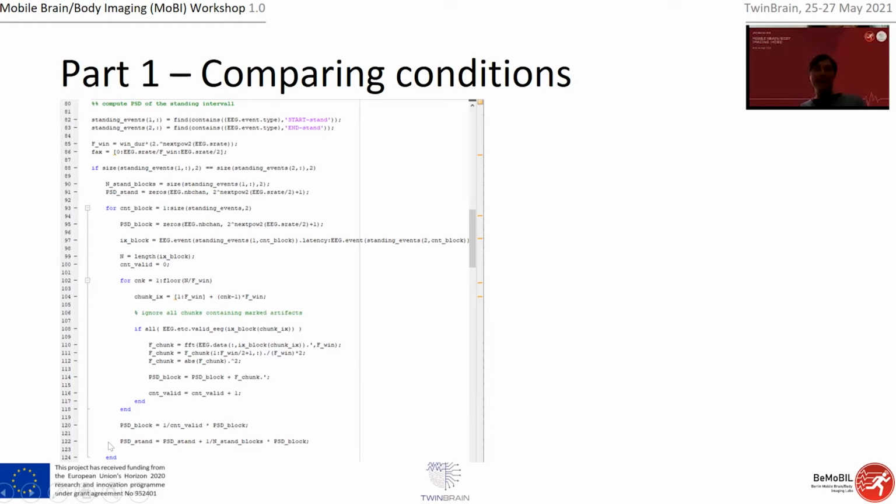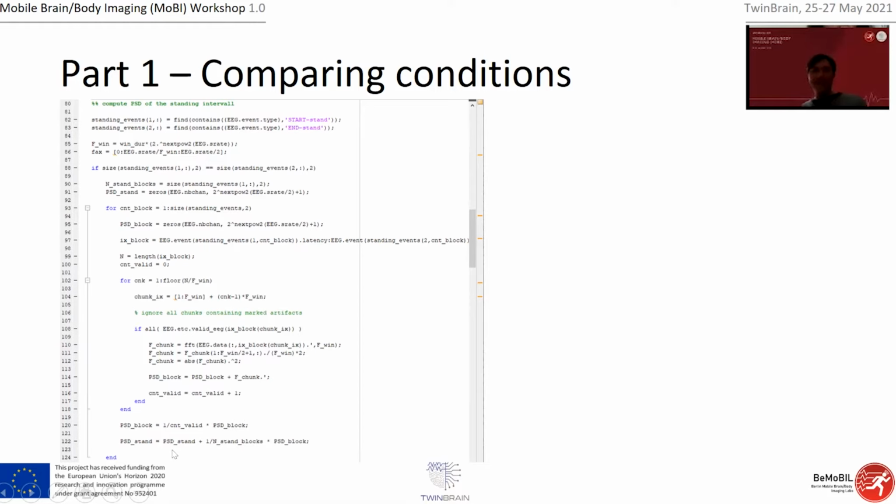I can do that for all 4 blocks in standing, after looking up where standing is, which are the blocks, which are the chunks, and then summing up all these blocks. Having all the blocks, I can average them together and call that power spectral density standing.